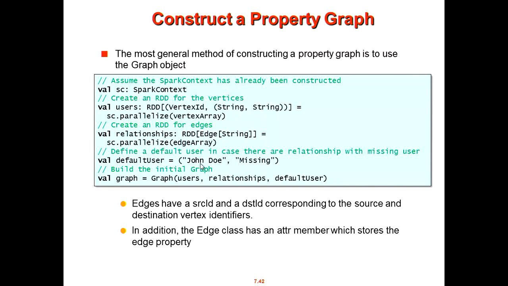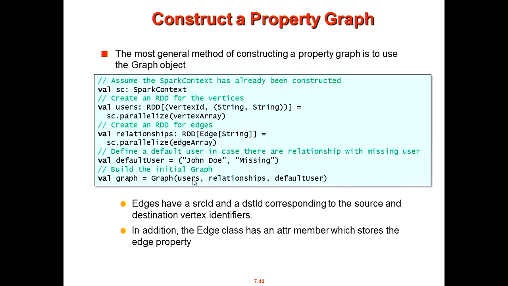And we can define a default user just in case there's some relationship with a missing user. Now, given the user RDD and the edge RDD relationships, and also the default user, we can create this graph.